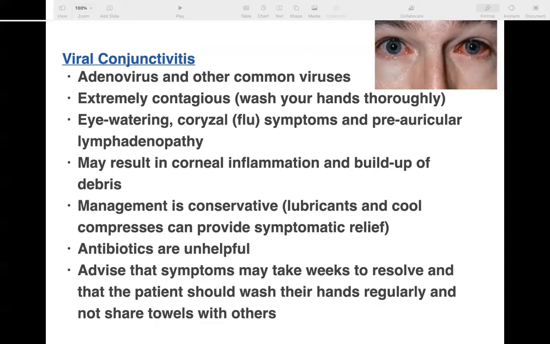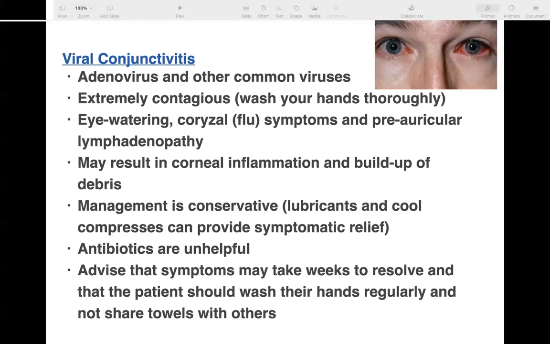Management is usually conservative with lubricants and non-steroidal anti-inflammatory drugs if needed, and cold compresses can provide symptomatic relief. Actually, antibiotics have no role, so they are not helpful in such cases. So don't prescribe antibiotics at all in such cases.